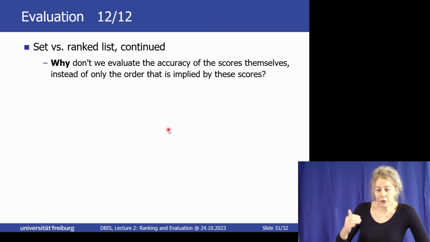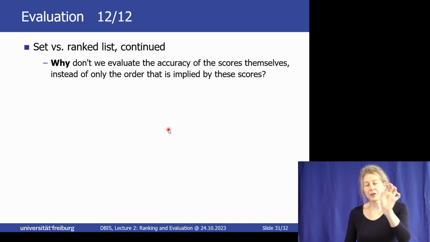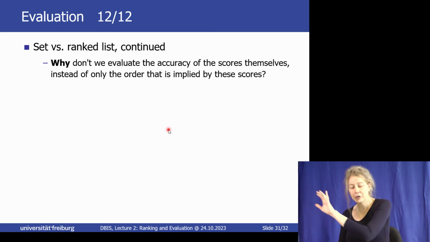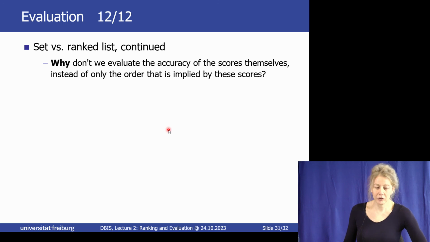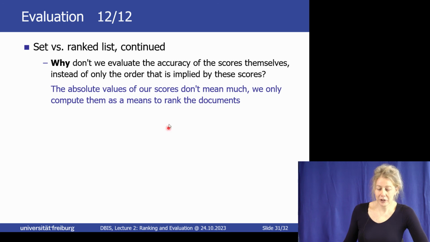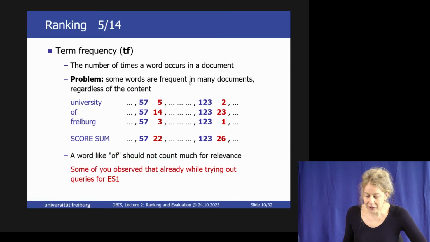So why don't you evaluate the scores? Like, here's my ground truth, this movie should get this score, and your search engine also computes scores, and now you compare how well the scores match. Well, that also doesn't work because the scores really don't mean that much. We only compute scores to rank the documents. Let me go back one more time.